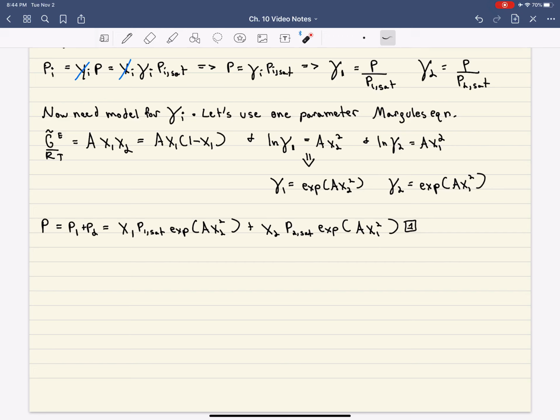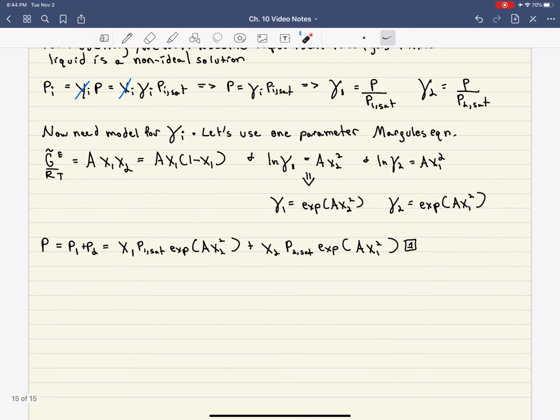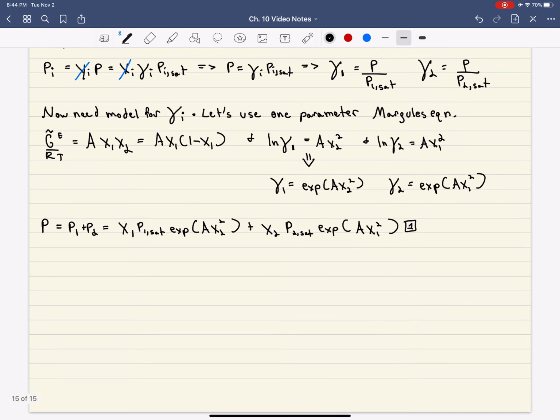We could keep going through this analysis without defining a total pressure by invoking the second criterion for the azeotrope, which is that the azeotrope occurs when this partial derivative is equal to 0. So dP/dx1 at constant temperature, when that derivative is 0, we have an azeotrope.